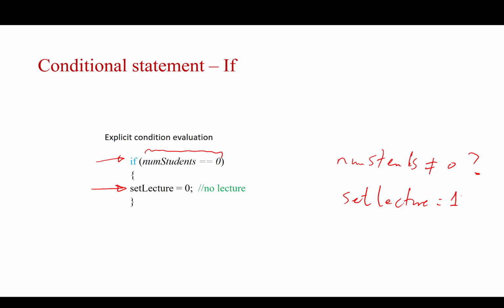So in this case I can't use if only. If only is changing one value, right? So if you want to change two values based on your question or the condition, in this case we will use if else, right? So if the number of students is 0, there's no lecture. Else, there is a lecture, right?